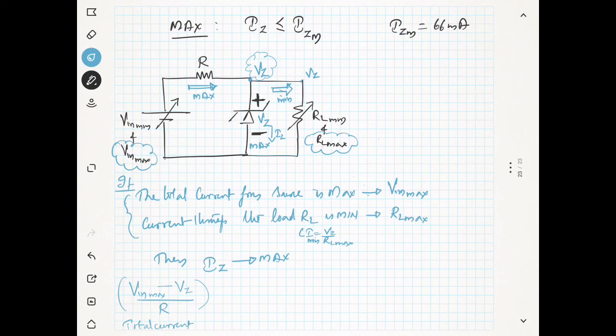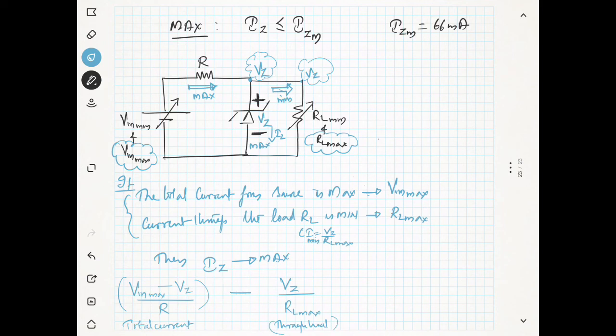Now the current through the load which is minimum, how to get it? You know the voltage is Vz, so it is Vz by RL maximum. This is the total current, this is the current through the load.